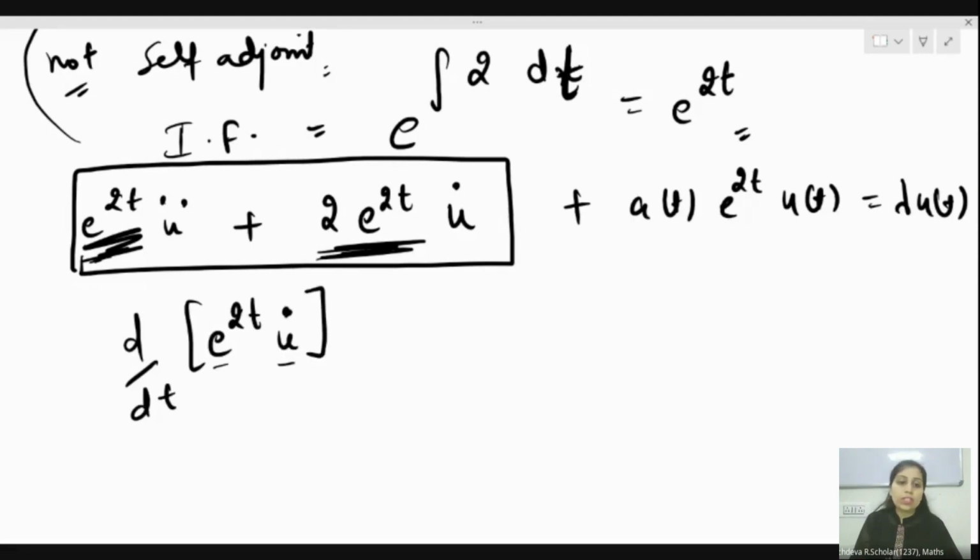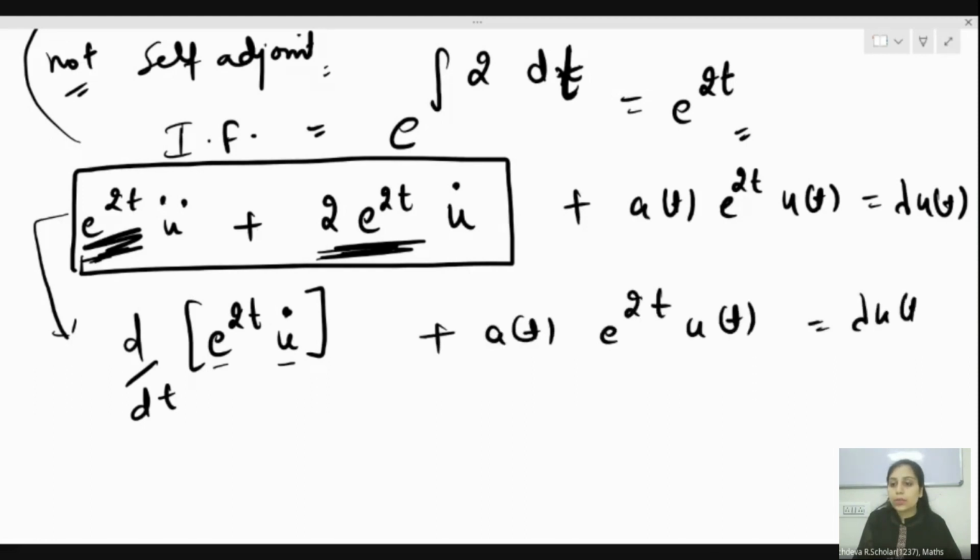These are two functions, so by the product rule, the first remains as it is times the derivative of the second, plus the derivative of the first times the second. So we can replace this by this. Further, e^(2t) a(t) u(t) is equal to lambda u(t).